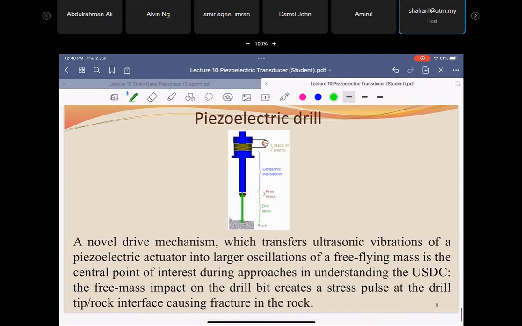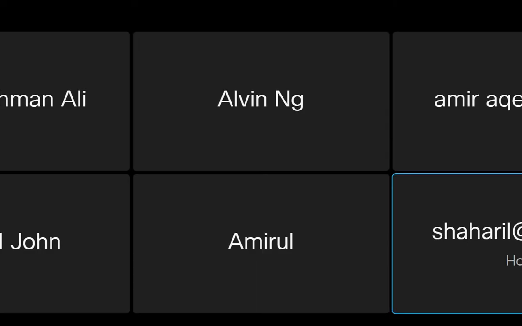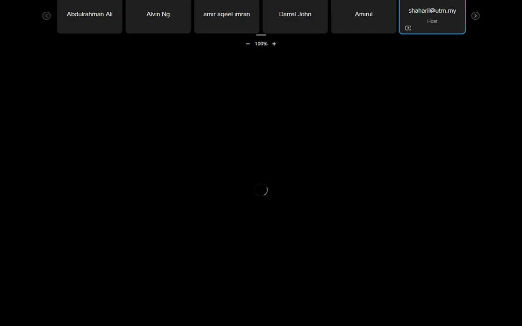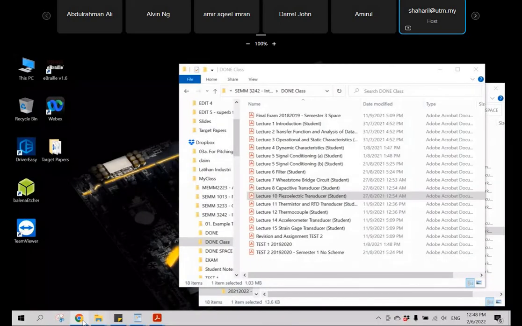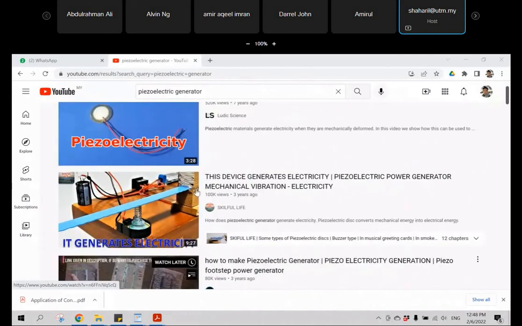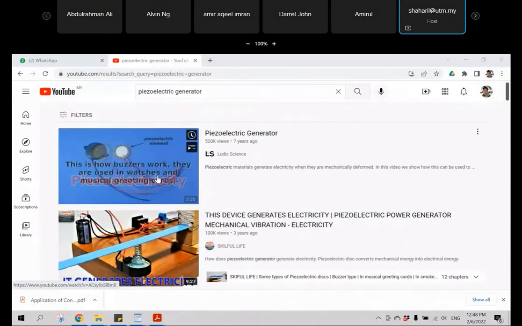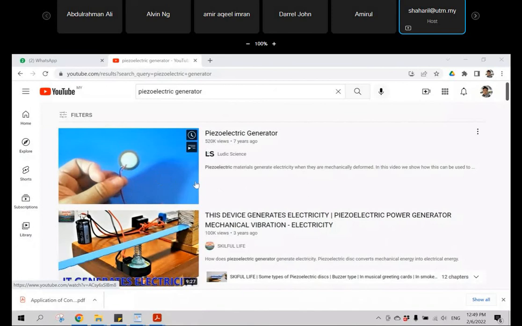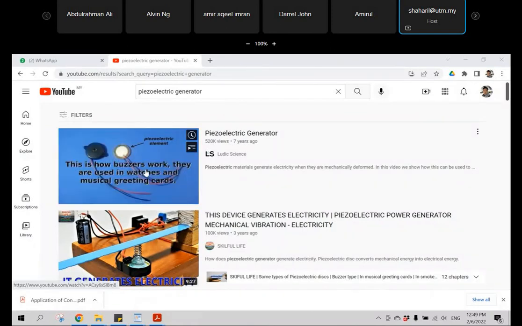Let me share a little bit about what you can do when you have a piezoelectric transducer. Because the piezoelectric can generate a voltage, the second application is the buzzer.